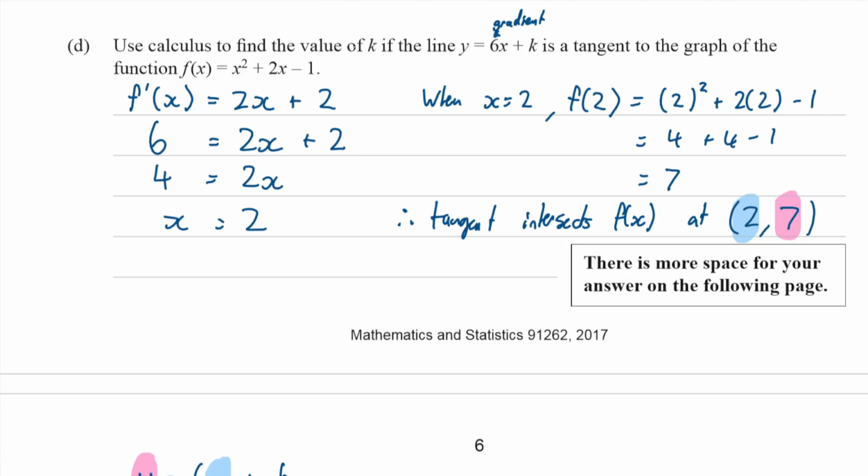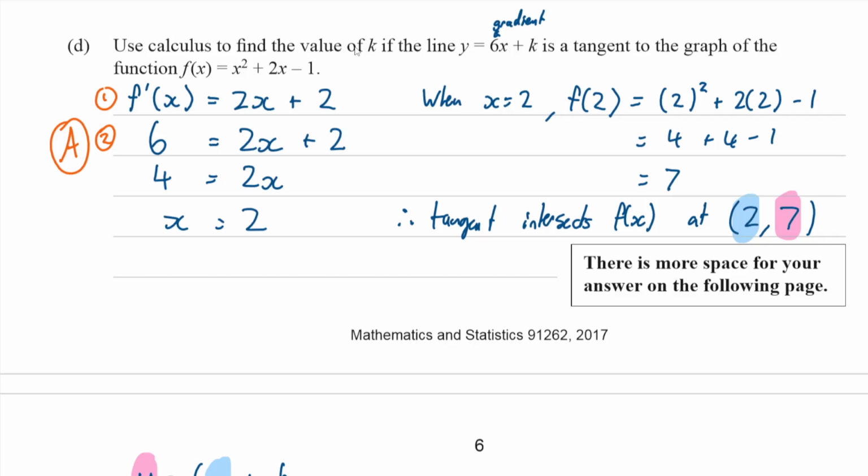Where to start? Right, so we're looking for the value of k, which is part of the equation of the tangent. To get there, we need the derivative, f prime of x, which we found. We then set it equal to 6, right? And we did that because we know the gradient of the tangent is 6. In doing that, that is an achieved skill. You found the derivative and then you used some information to try and use it.